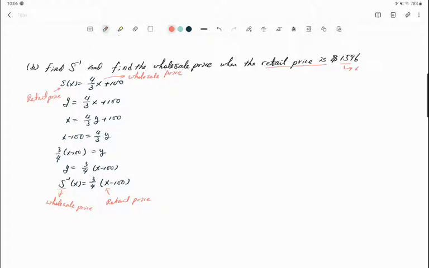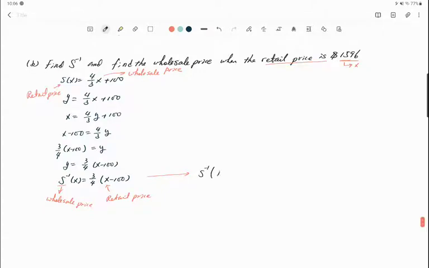So now plug in this x for this value to get the wholesale price. Can you see it? Don't get confused. So from here, S inverse of what? 1596. In this case, this input is the output of the original. So the output is the retail, right?